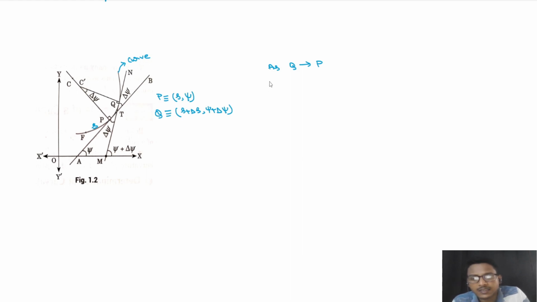And what is curvature in this case? Curvature is the limit as Q approaches P of the rate of change of direction. So the change of direction in this case is delta psi, and the arc length is delta s, which is the arc length PQ. Okay.